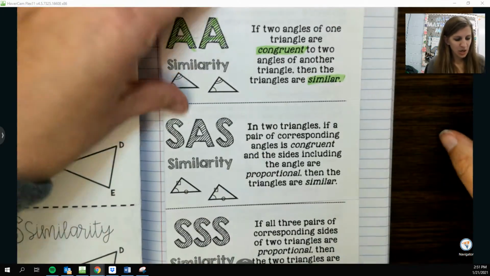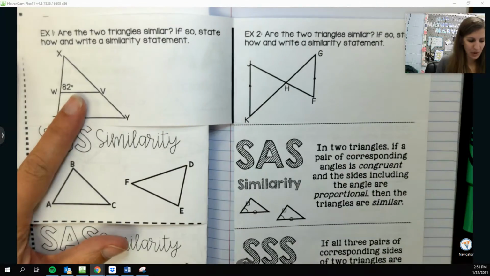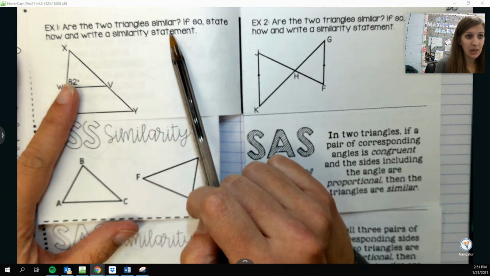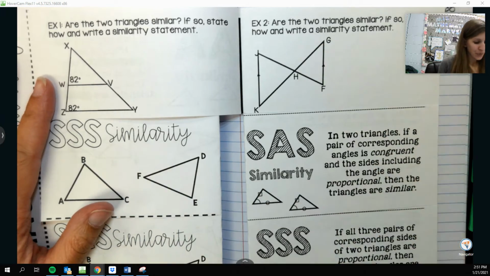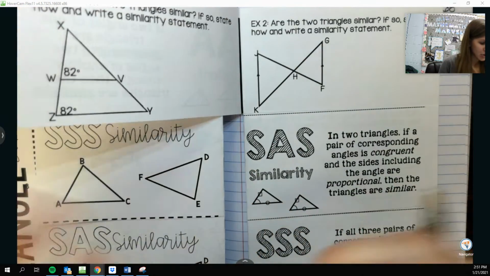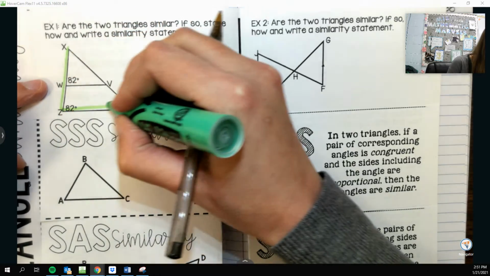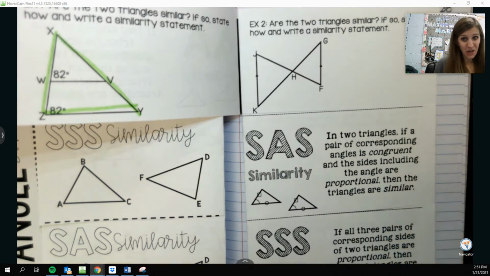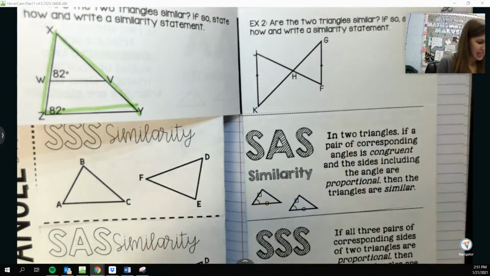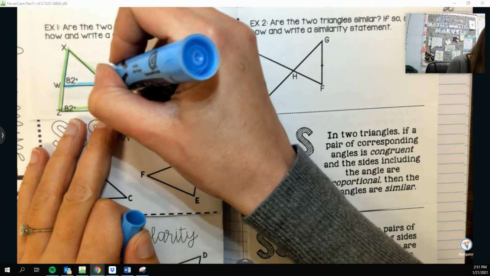Okay. So a quick little example of that. For number 1 here, are the 2 triangles similar? If so, state how and write a similarity statement. So we have the triangle XZY, and the other triangle, which is a little bit hidden, is a smaller triangle at the top, XWV.